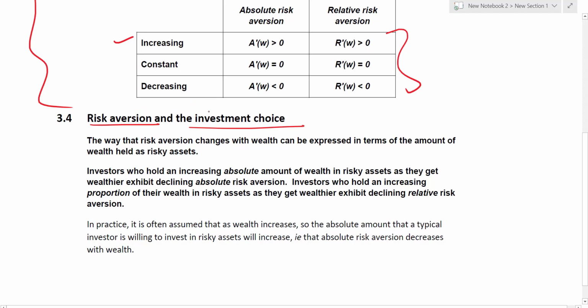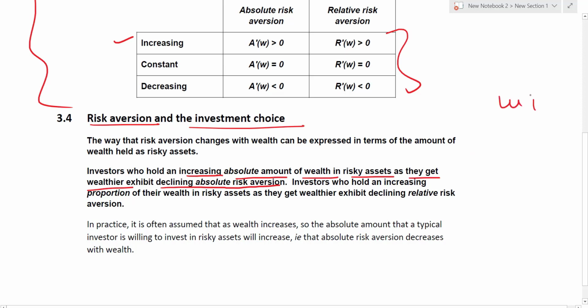Can you just observe the investment choice of an investor and say what sort of risk aversion exists in terms of absolute and relative risk aversion? Investors who hold an increasing absolute amount of wealth in risky assets as they get wealthier exhibit declining absolute risk aversion.